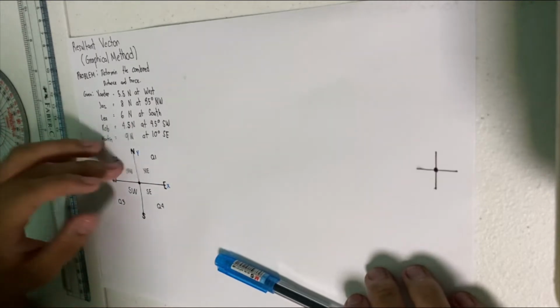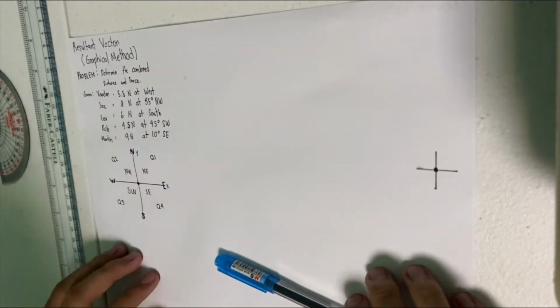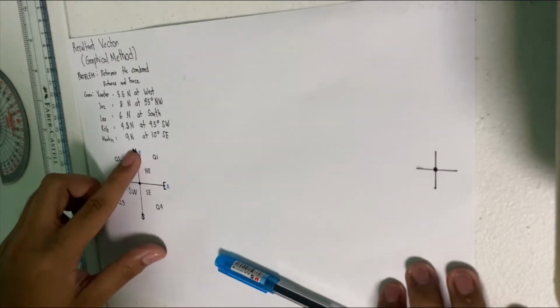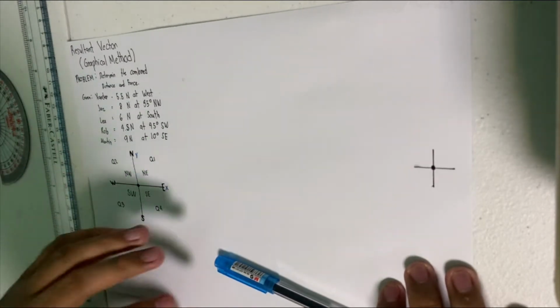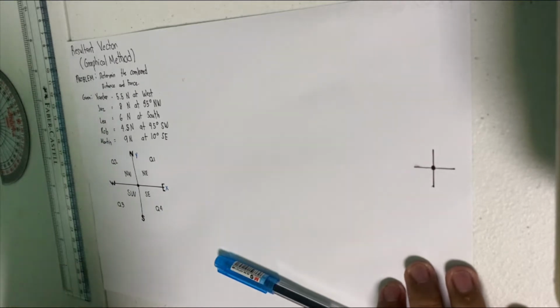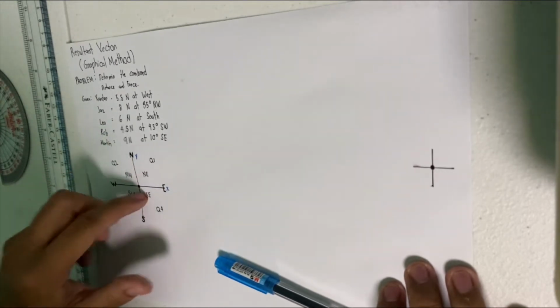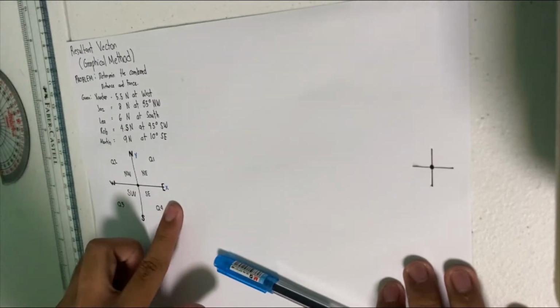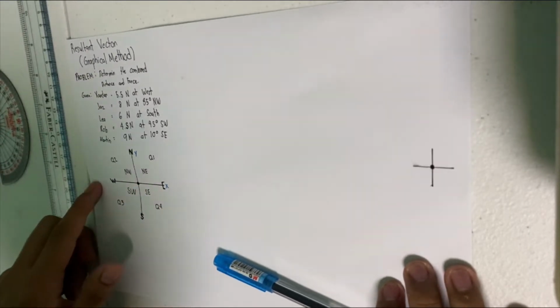Here at the very bottom part, as you can see, this is the map where you can see the directions overall. Here north is going upward, and south is going downward. East is going to the right and west is going to the left.